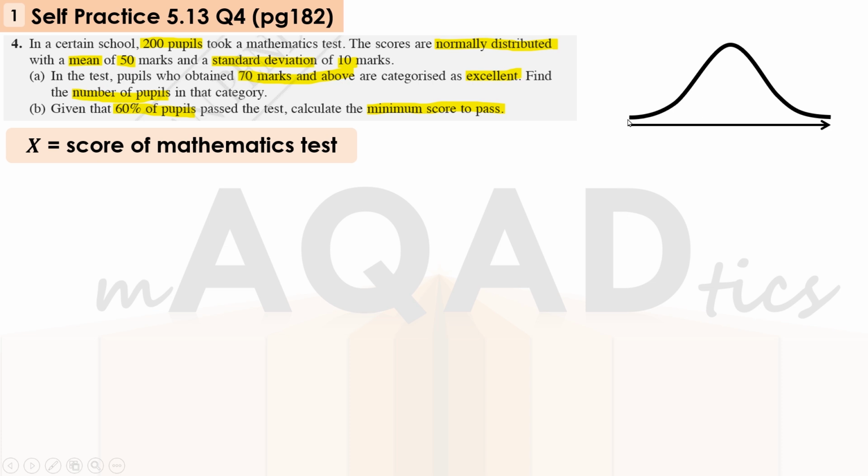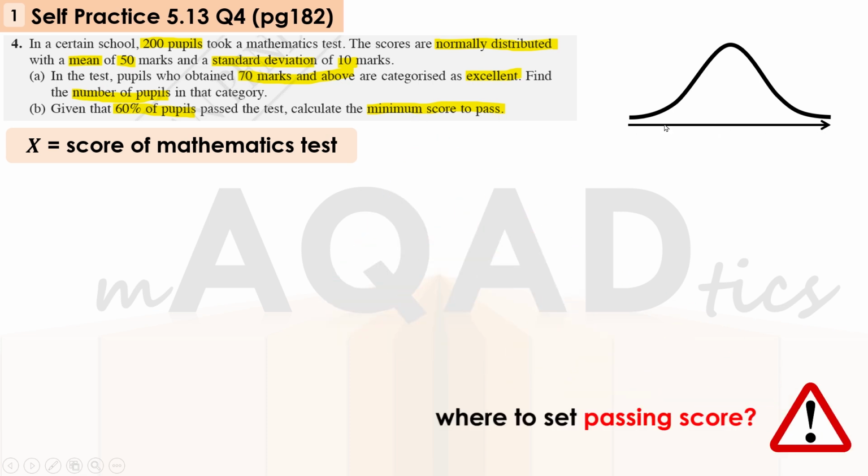Students with low scores would be somewhere here, students with high scores somewhere here. Now, the minimum score to pass, I need to decide whether it's here, here, here, or somewhere else, which I don't know yet. So the way to determine this is to sketch the 60% first from this graph.